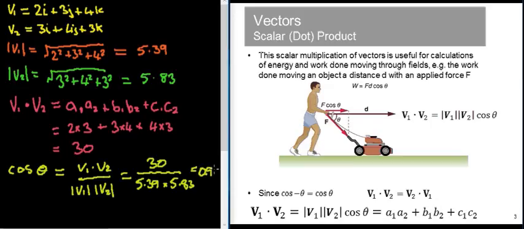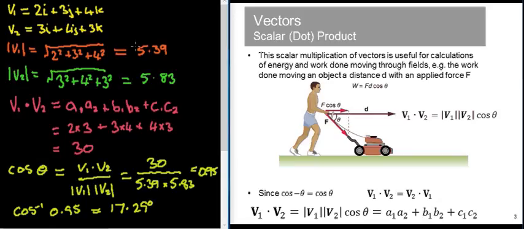So if we say that cos to the minus 1 of 0.95 equals 17.29 degrees.